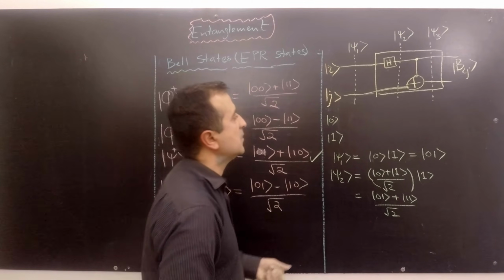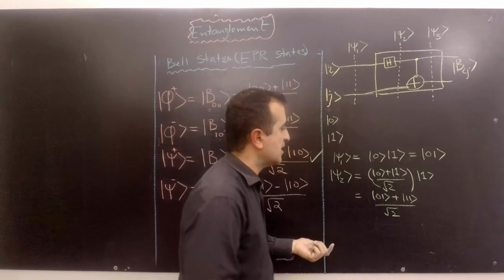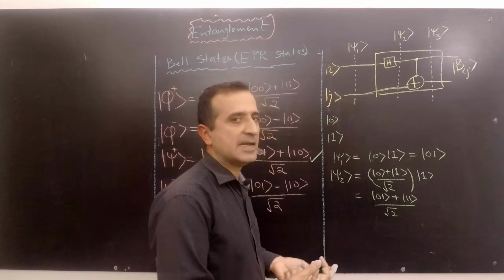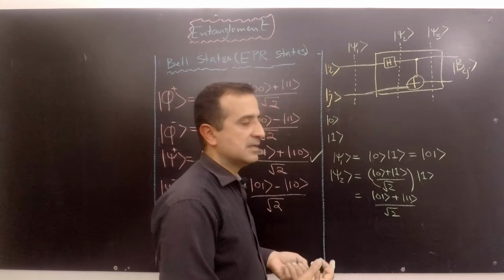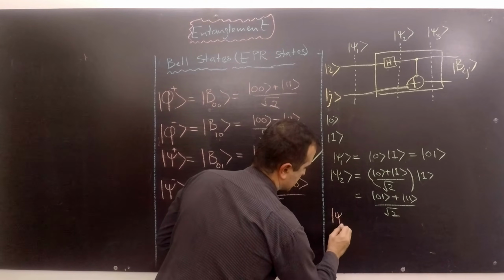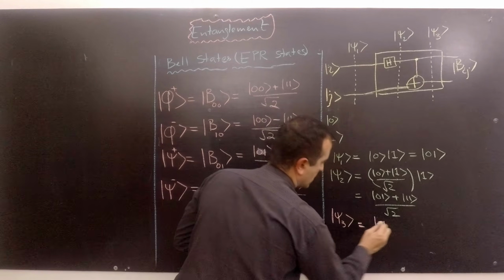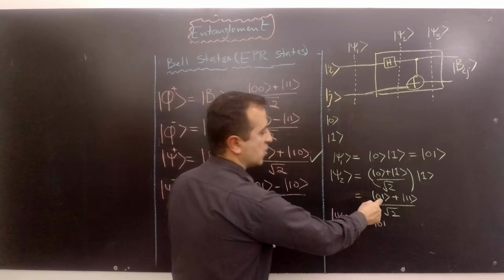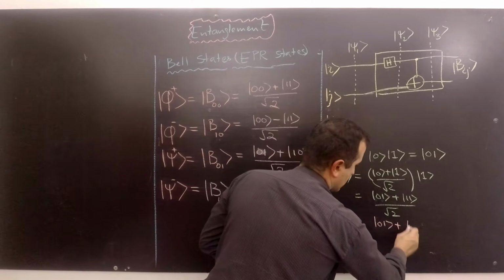Now I have to apply the CNOT gate. In the CNOT gate, if the first qubit is 0, then the second qubit remains the same, but if the first qubit is 1, then the second qubit flips. So psi 3 will be ket 0 1, because the first qubit was 0, so the second qubit remains 1, plus ket 1 0.